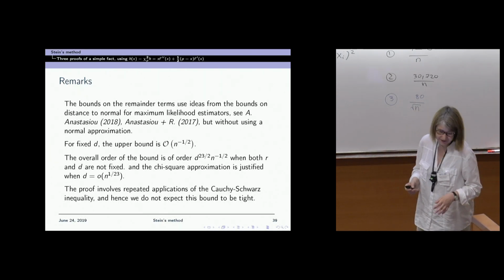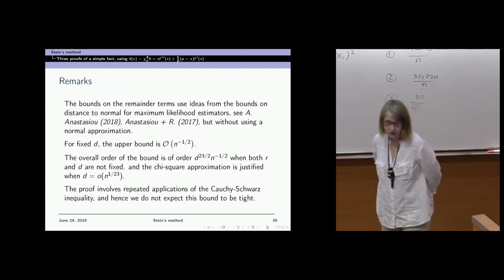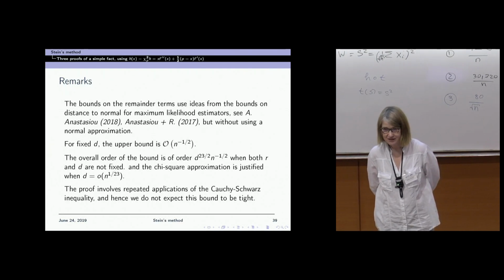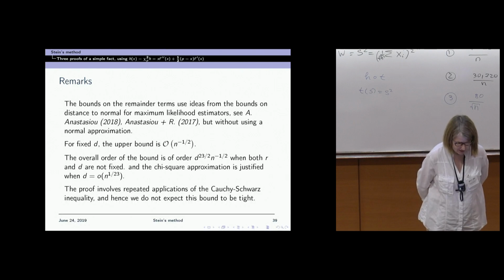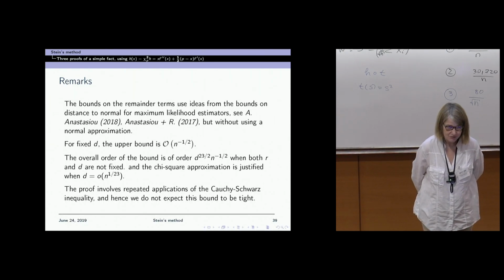If d is not fixed and r is not fixed, then the overall order of the bound is d to the 23 over 2 over square root of n. That means the chi-square approximation is justified when d is little o of n to the 1 over 23.